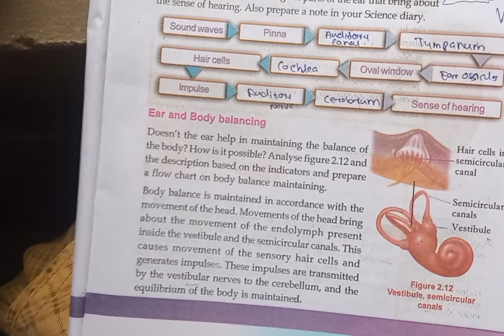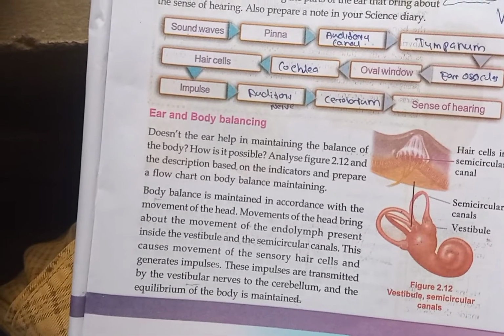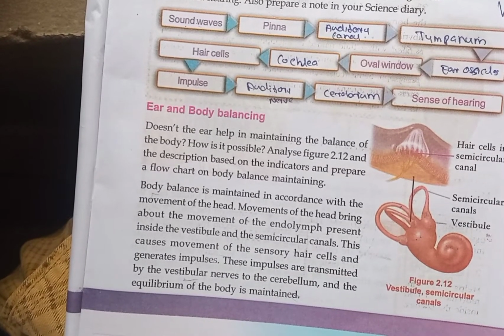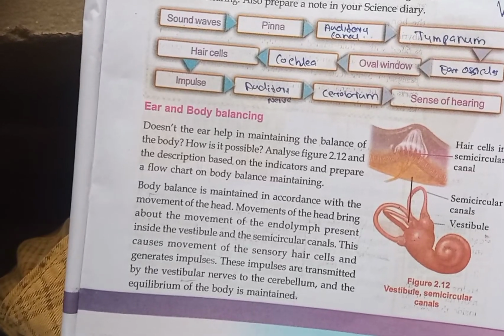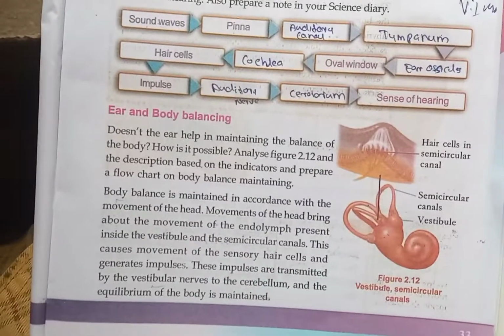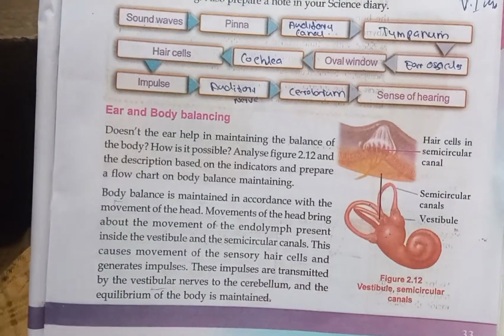When you are standing, the head moves. This stimulus reaches the cerebellum by the help of the vestibular nerve and maintains the body balance. You have to write this in your note. Till here is enough. Next we are going to study the next portion.